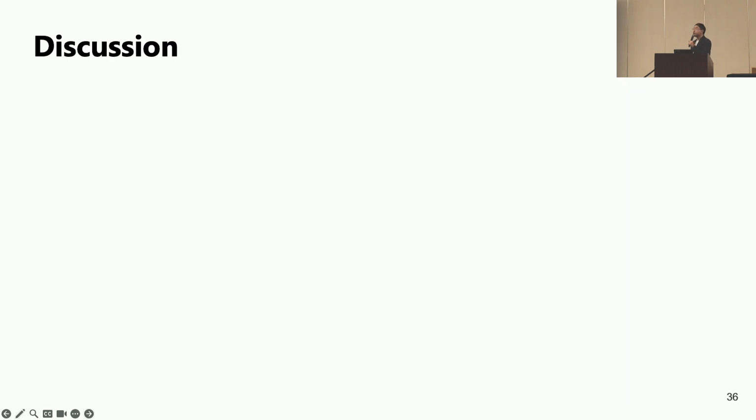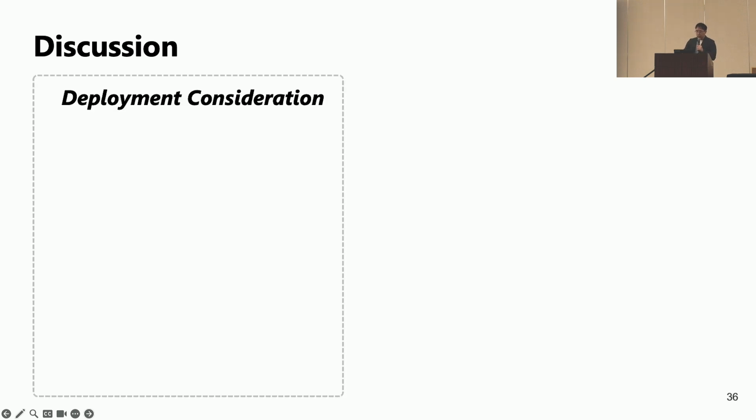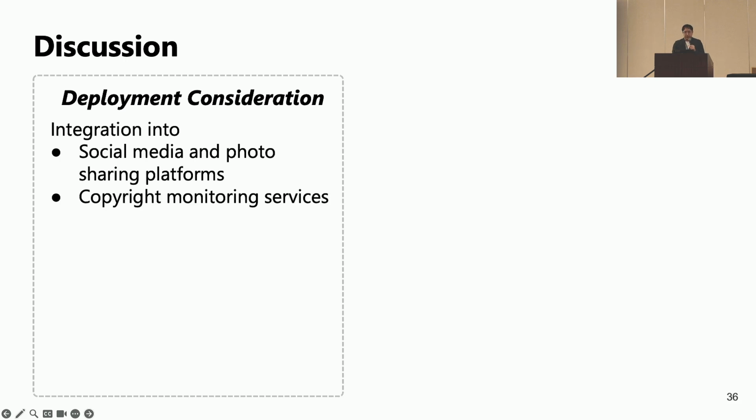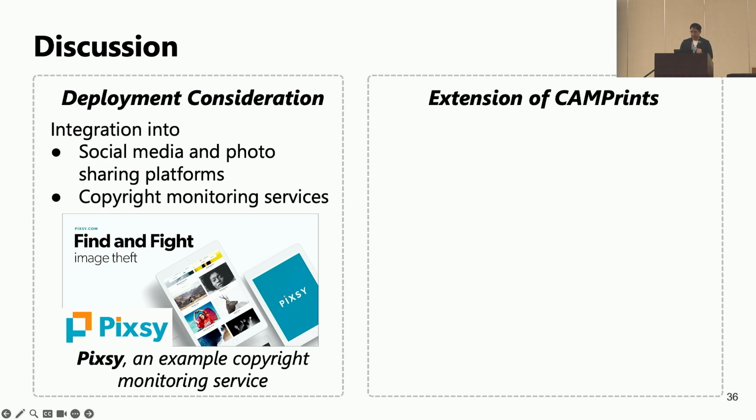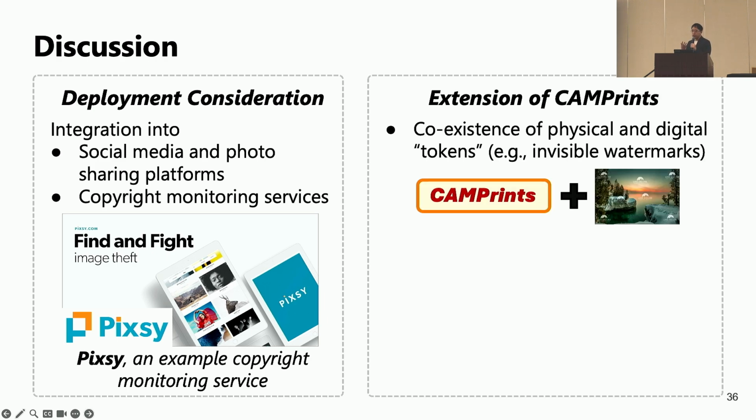So now let's move on with several discussion points. We envision CAMPrints being integrated into social media platforms, photo sharing services, and copyright monitoring tools like Pixsy and TinEye. CAMPrints can also offer promising avenues for further development. First, CAMPrints could be combined with digital tokens, such as invisible watermarks, to enhance copyright protection.